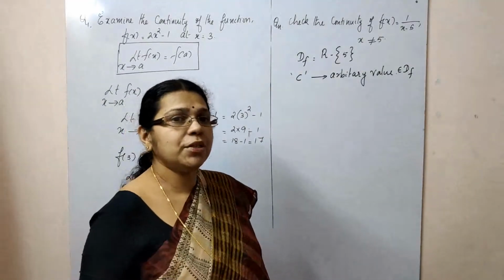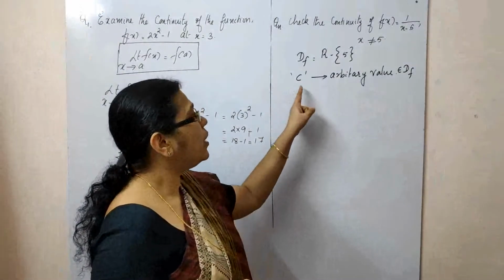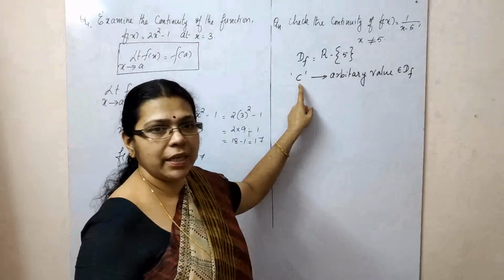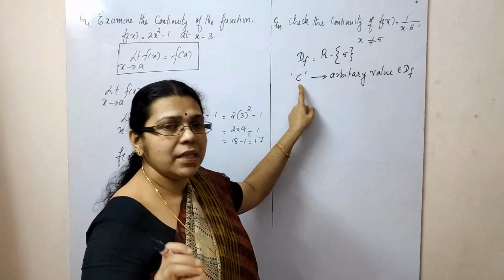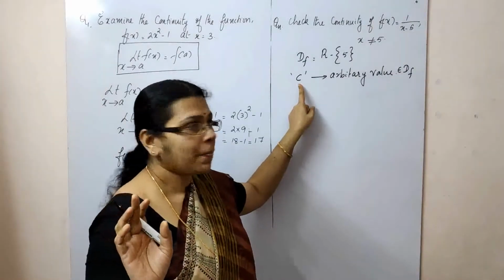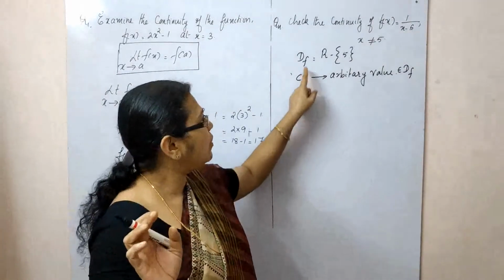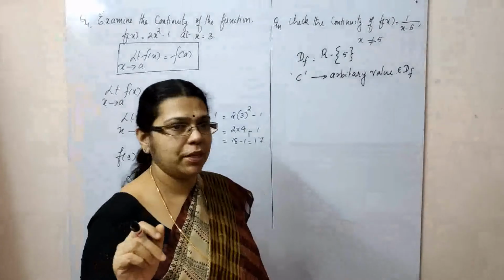Now, what I am going to check is, what about the continuity at this particular point C? This C can be any value that is lying inside the domain of the function.